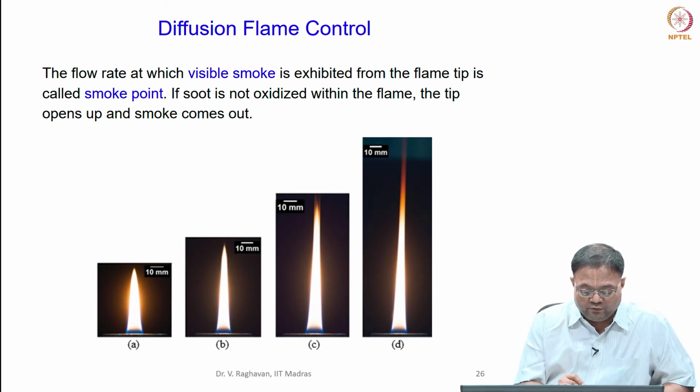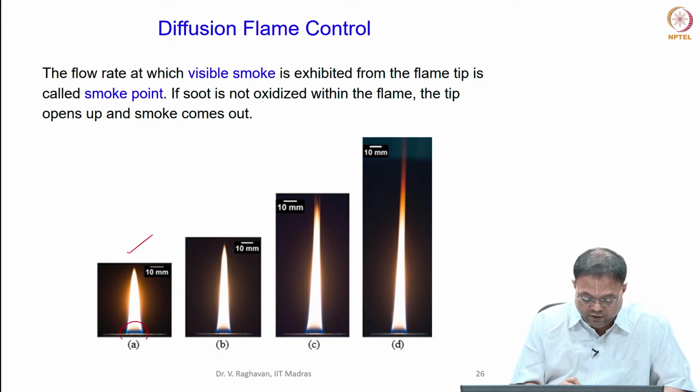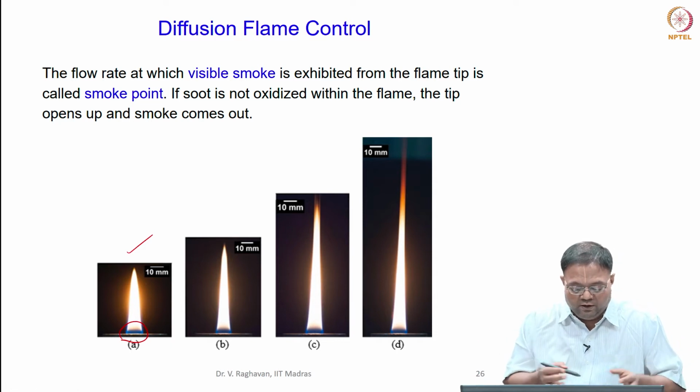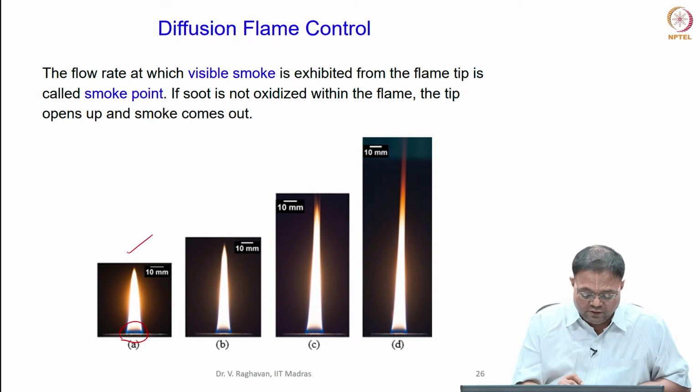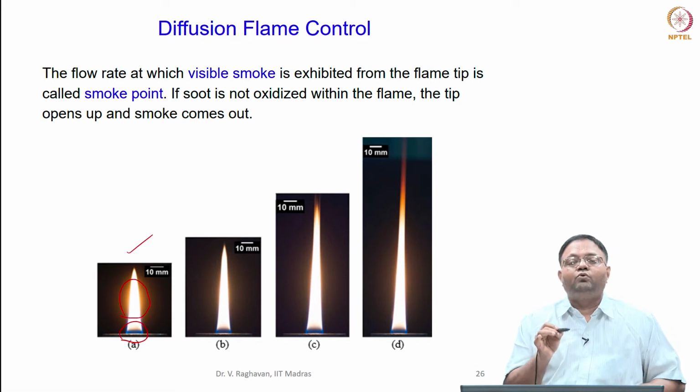At low flow rate, you can see this is the typical jet diffusion flame. There is a blue region here, where the fresh oxygen comes in and good premixing occurs, and as the flame height increases, you can see the bright emission that is due to the soot formation.